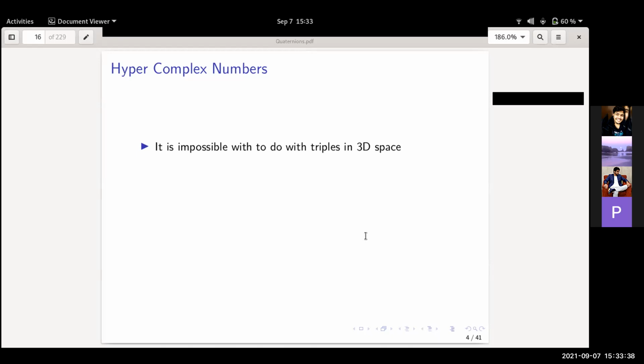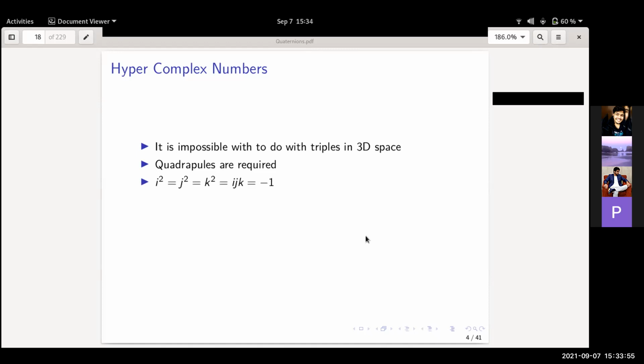This was what Hamilton found. In fact, he found that he required a set of four numbers to define this multiplication operation in the hypercomplex domain. That means you don't have one complex number now, you have multiple complex numbers.